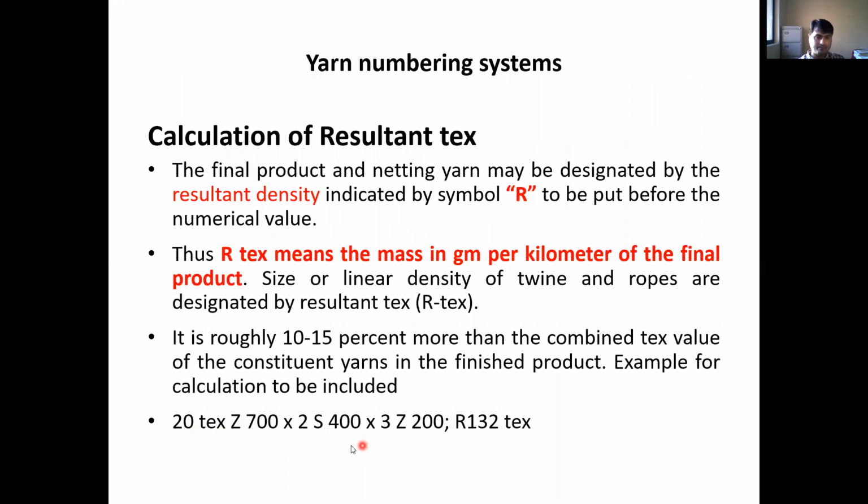Then here again you explain 20 tex. Anyone can explain this one? Last point, anyone can explain? So 20 tex for single yarn.